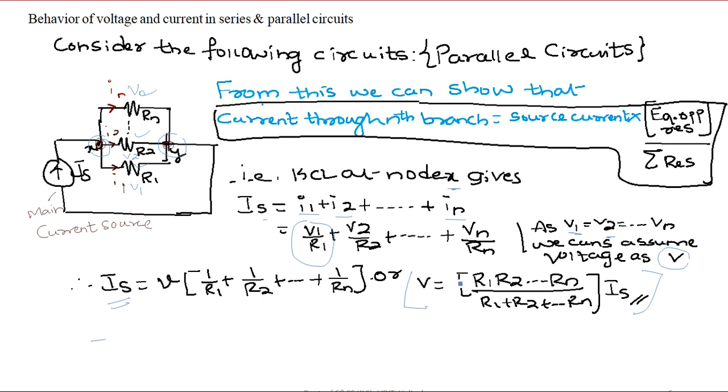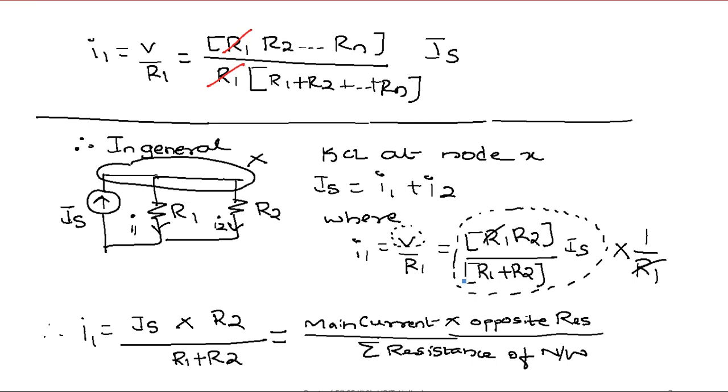to make it simpler, I can take this example here. In general, consider there are only two resistances connected in parallel, that is R1 and R2. In such cases, how do we find the current through R1 and the current through R2? With a similar approach, if we apply KCL at node X, we get I1 plus I2.